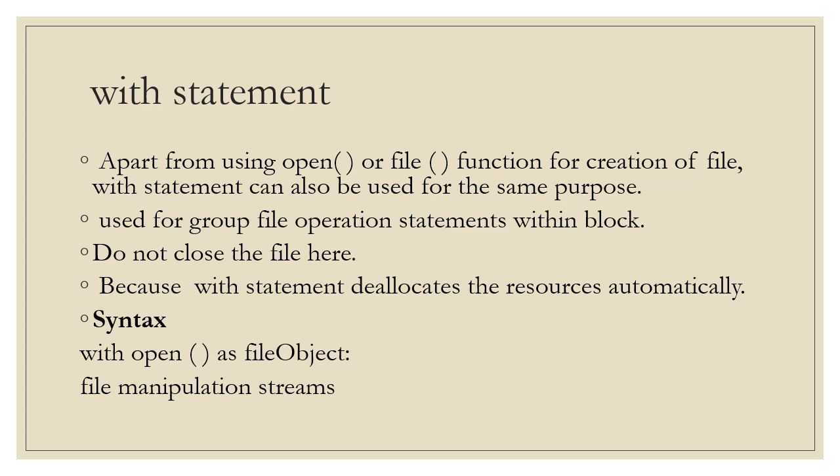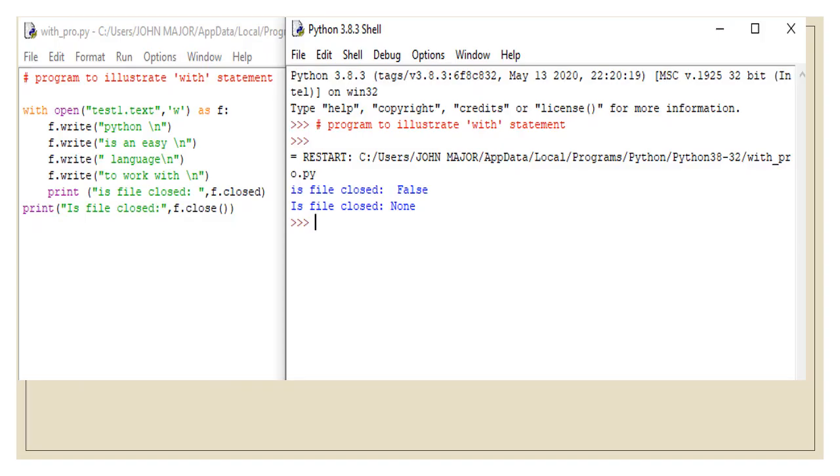Let's see the syntax of this. With open of file as file_object, this is the syntax, followed by file manipulation statements. See here, in this program we use the with statement along with the with keyword and file objects.